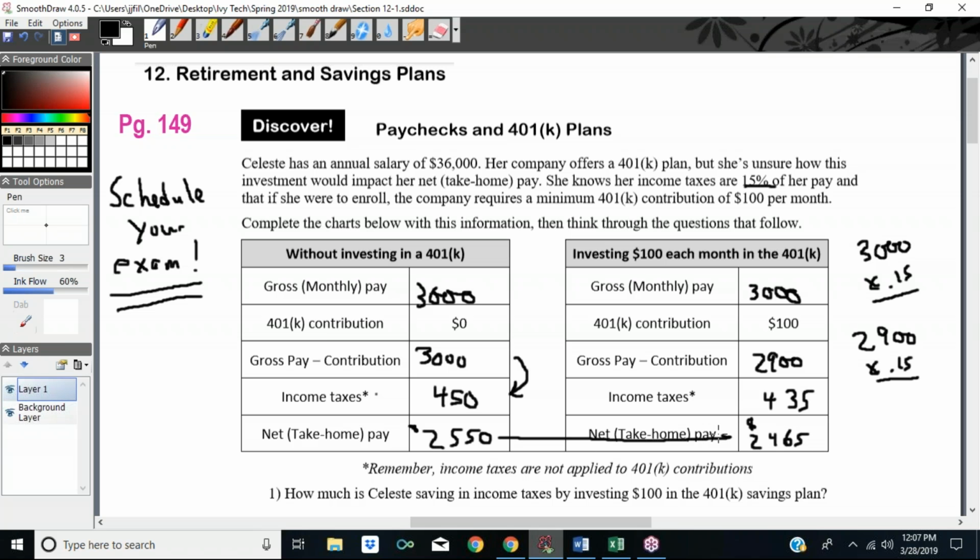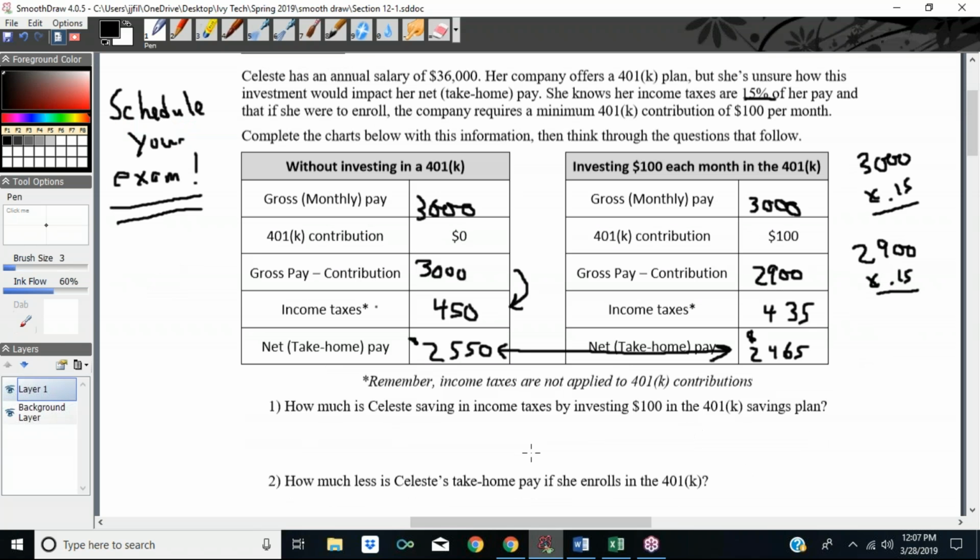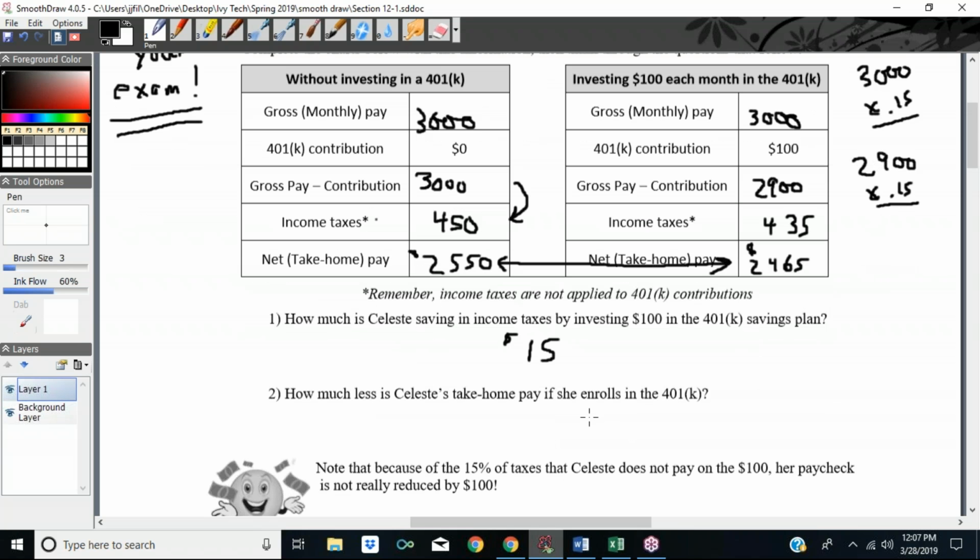I want you to look at these two values right here and notice that even though Celeste is putting $100 into her 401k, her paycheck isn't actually $100 less. It's only $85 less. So she's saving $15 in income taxes by investing that $100, and her paycheck would be $85 less if she invested rather than the $100 that she's putting back.